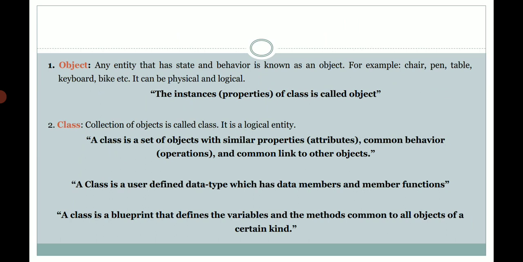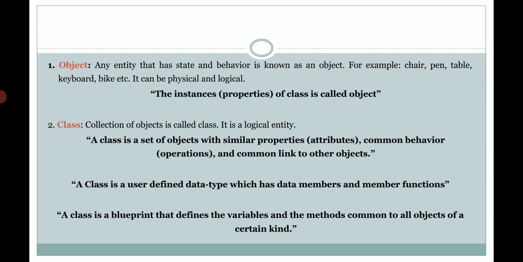Then the second one, class. This is the second concept of object-oriented programming. The collection of objects is called a class. It is a logical entity. A class is a set of objects with similar properties, common behavior, and common links to other objects. Here the properties define the attributes or characteristics of the class.